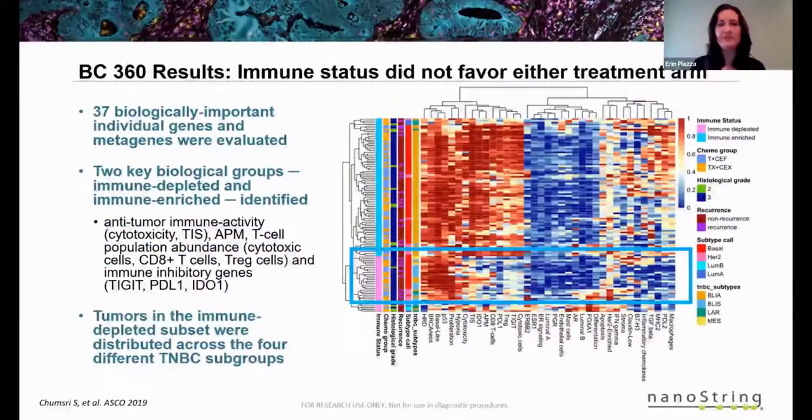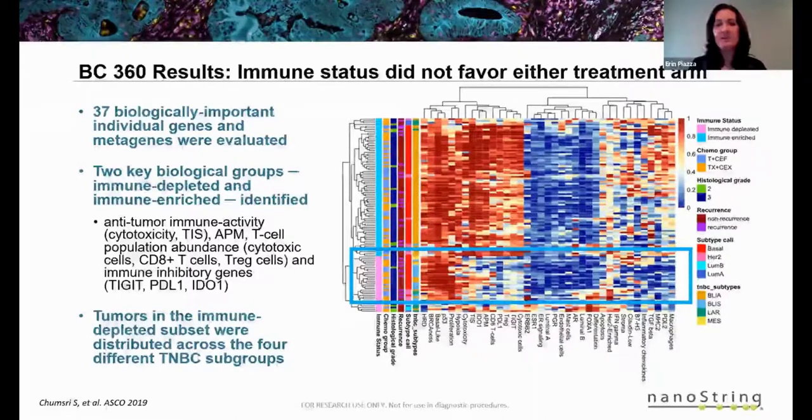So in the initial results, we saw, just like we saw in the previous study, that BC360 successfully clustered the samples into immune hot and immune cold cohorts. And these cohorts, as you can see at the bottom, were clustered based on various signatures, otherwise known as metagenes.